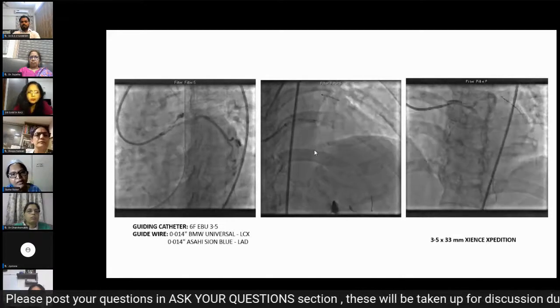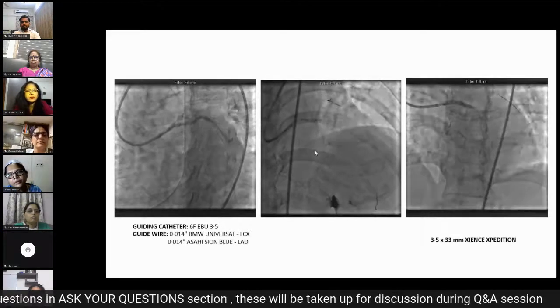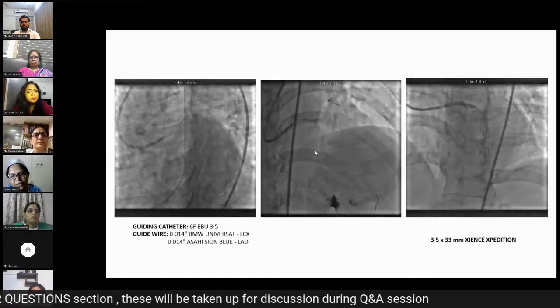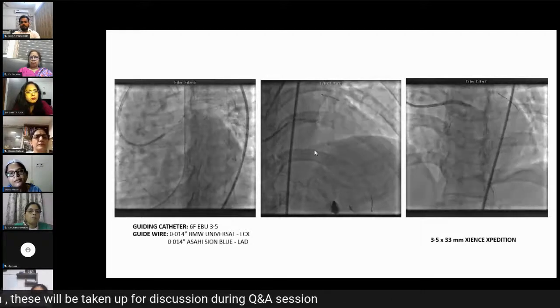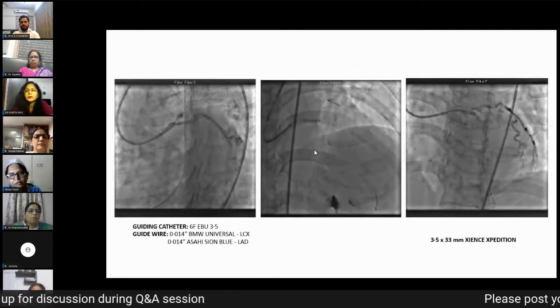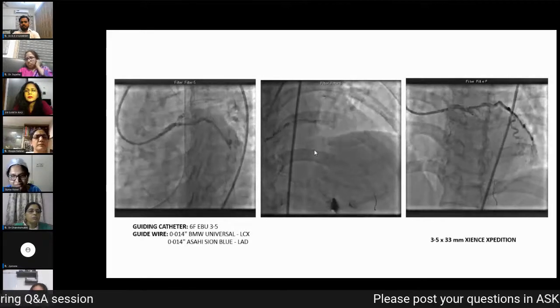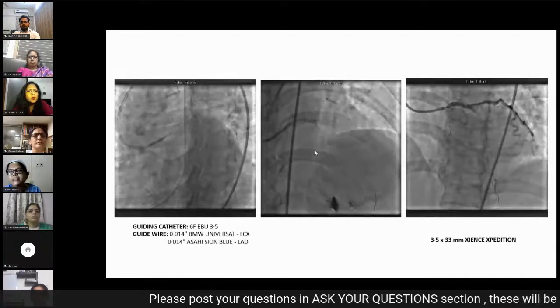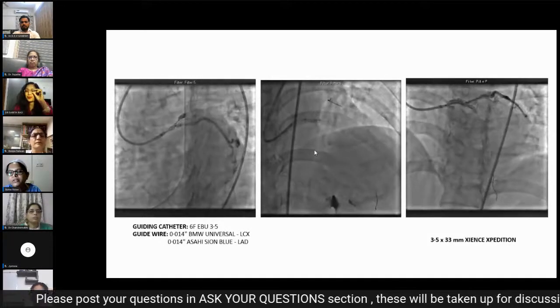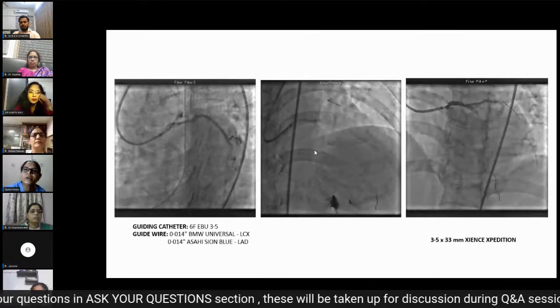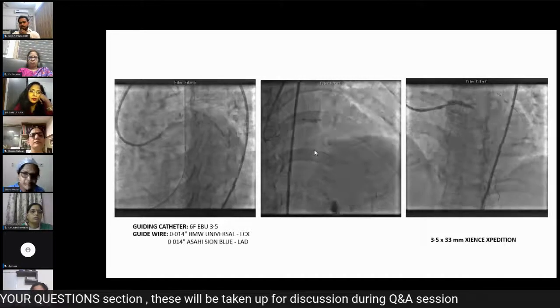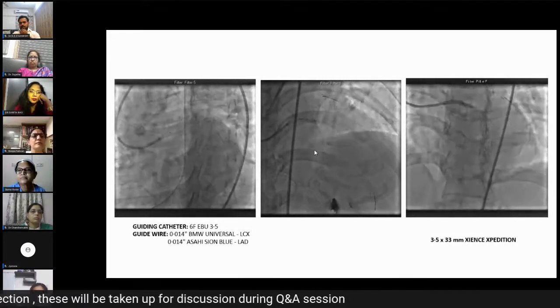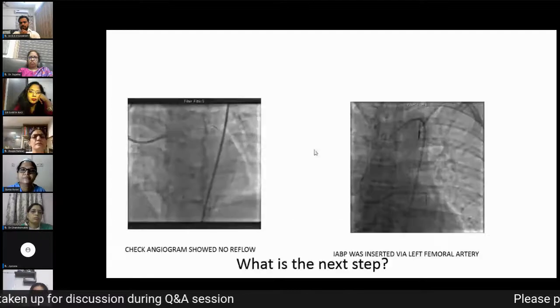So at this point, the thinking in my mind was that since it's a fibrotic lesion and we had ballooned and gone up to 14 atmospheres, could it have dissected somewhere near the bifurcation? So immediately we tracked down a 3.5 by 33 Xience Expedition. We already had it ready because we had measured the length, and we deployed it at nominal pressure.